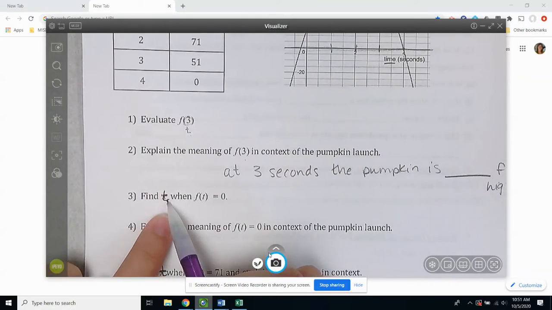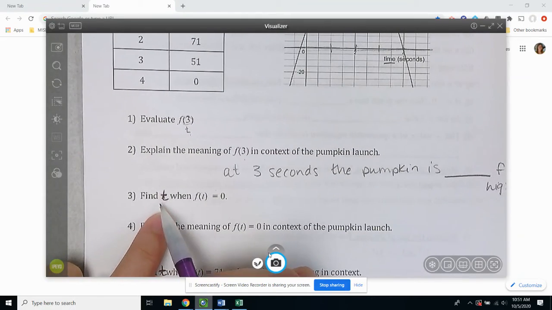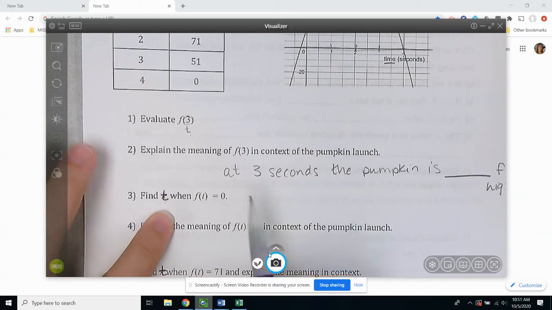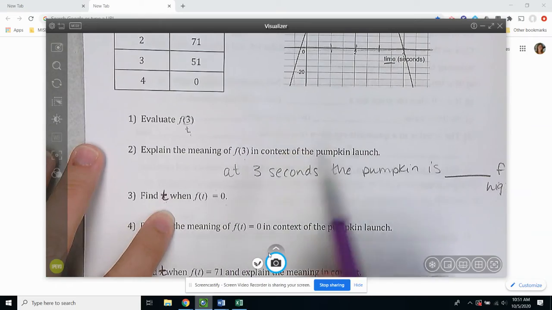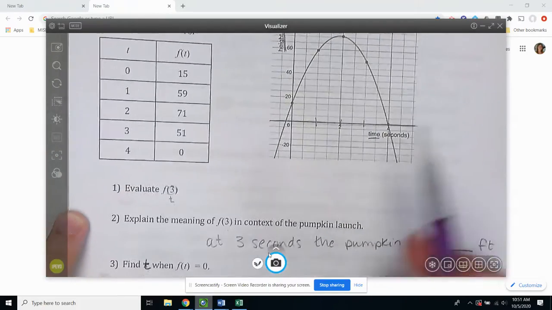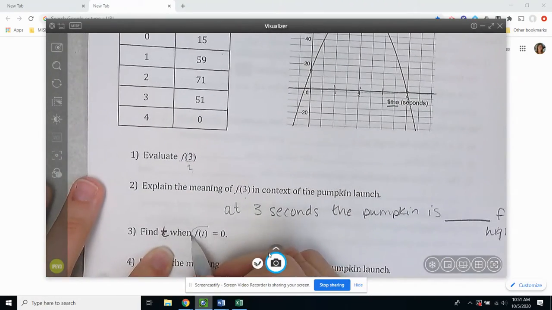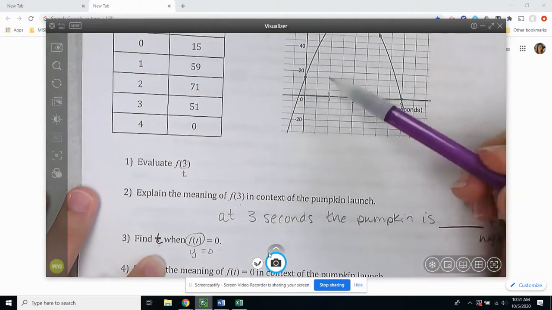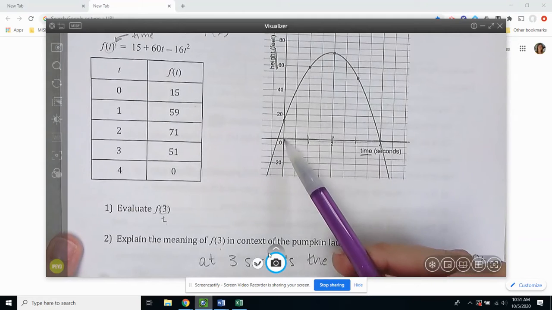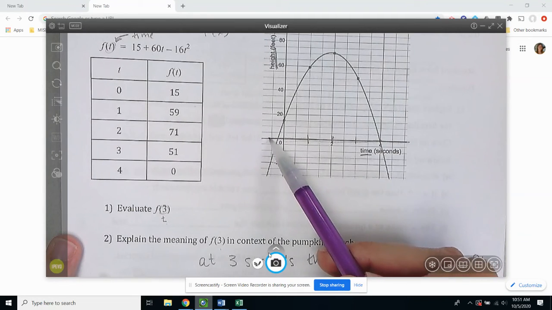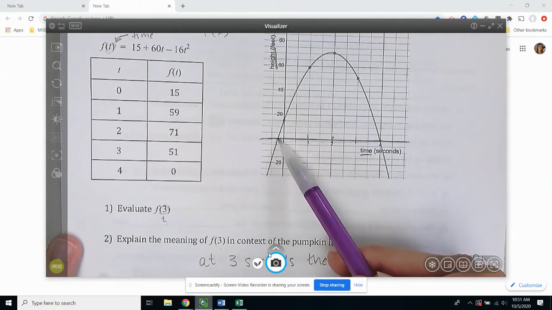This on your paper says x, that was a typo, it should be t. So this says find t when f of t equals 0. So you can go to your graph. So f of t, remember this is just y. So this is when y equals 0. So if I go here, go to your graph. So if I go this way, I will end up here.